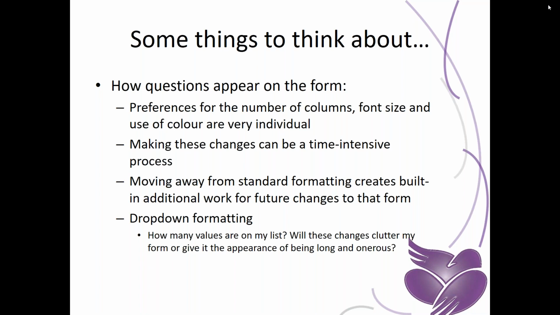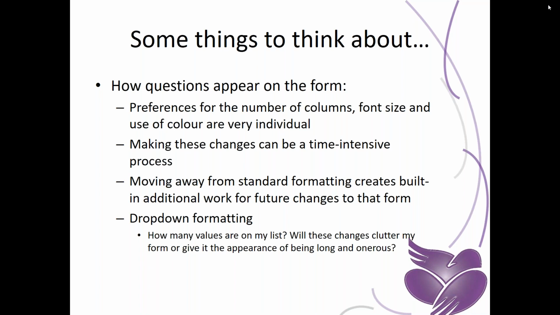So when you deviate from what is standard in Outcome Tracker, you're doing it all manually, and you're designing in future work for yourself if you ever make changes to that form down the road. So I always factor that into my decision, just to make sure that whatever changes I'm making really do benefit all the staff that are implicated in them, or at least the majority of the staff that will be affected by them.